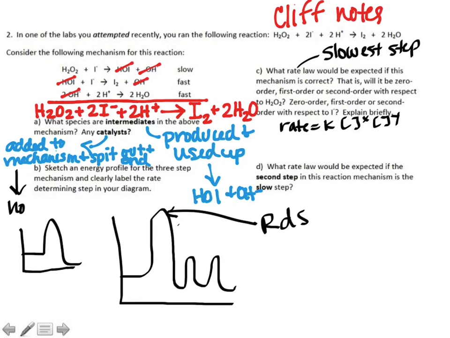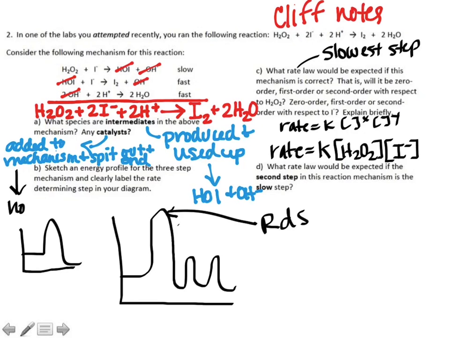So our slowest step is the first one. So let's write the rate law. Rate is equal to k times the concentration of H2O2, and it's raised to what power? 1. Times I minus, raised to the power of 1.